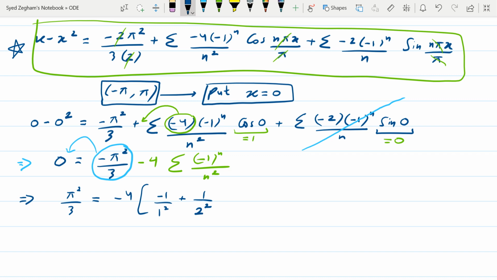Then you will put n equal to 3. So minus 1 power 3, that will become minus 1 divided by 3 power 2. And one more term let us write. When you put n equal to 4, it will become minus 1 power 4, that will be plus 1, and 4 power 2. And like this the series continues.